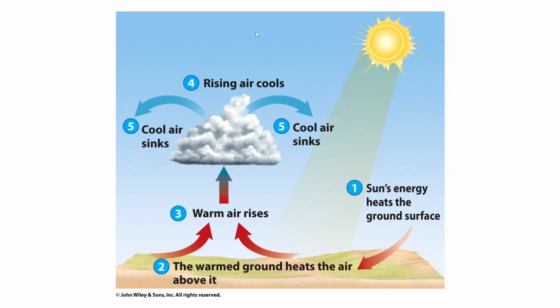As it rises into the cooler atmosphere, it begins to cool down, and once the temperature of this hot, humid air reaches the dew point, it forms clouds. When it reaches the equilibrium level, the rising air cools and begins to sink, causing this loop to happen over and over again.